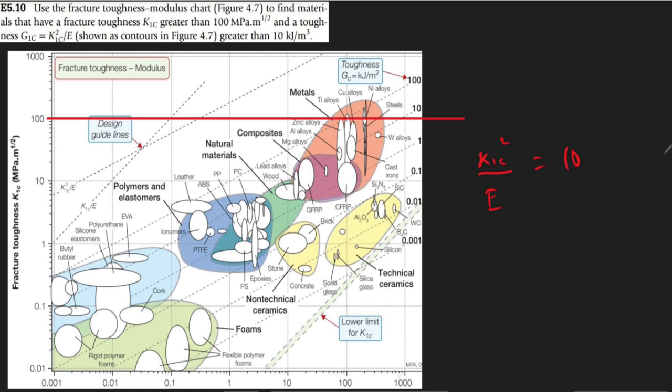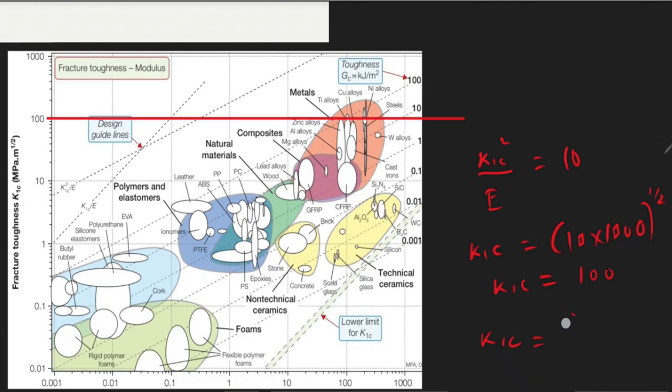Let's say when Young's modulus E is 1000, then K1C will be equal to 10 times 1000 raised to the power of 1 over 2. So K1C when Young's modulus is 1000 is 100.